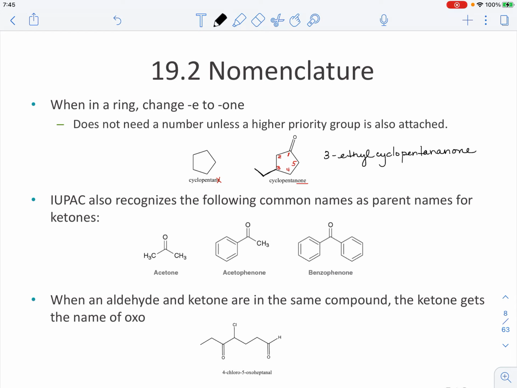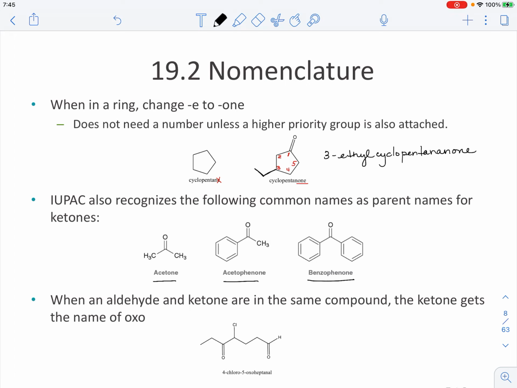Now, understand that the IUPAC also recognizes the following common names as parent name for ketones, including acetone, acetophenone, and benzophenone. Now, understand that if you have an aldehyde and a ketone in the same compound, the ketone gets the name oxo.